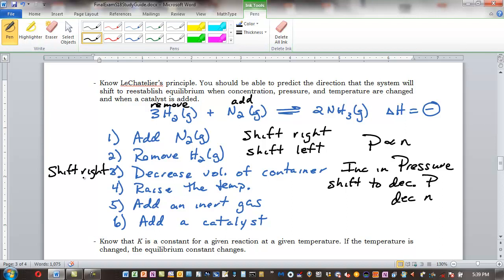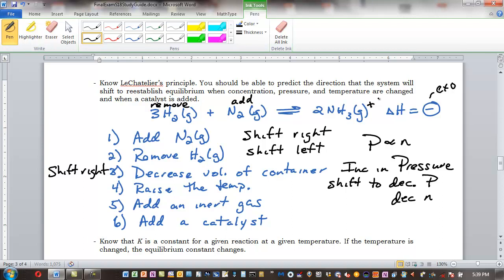So this says that your delta H is negative, which means what? Exothermic. We talked about that on the Friday review session, making sure you know the sign conventions for enthalpy change and delta S and delta G and all that good stuff. All right, so this is exothermic. The reaction releases heat, or we can think of it as producing heat.